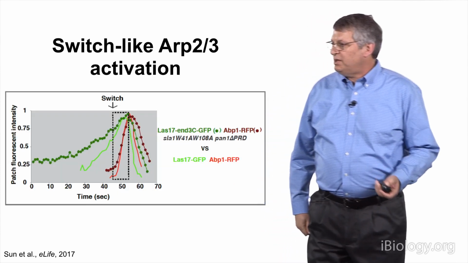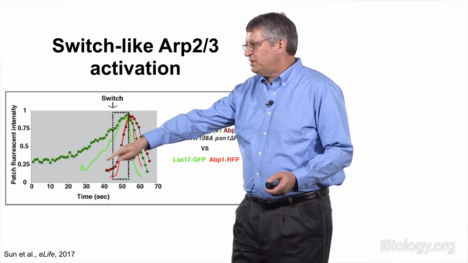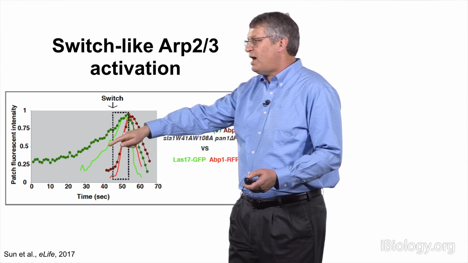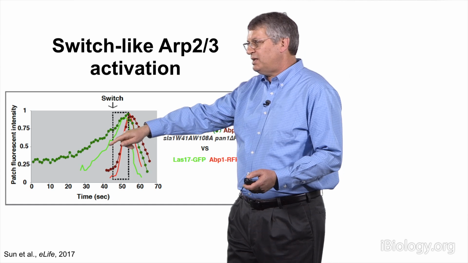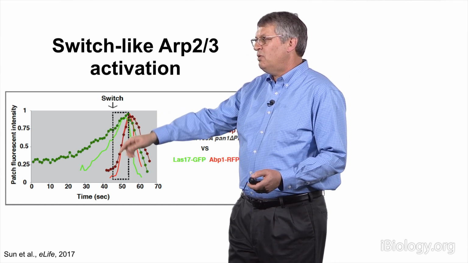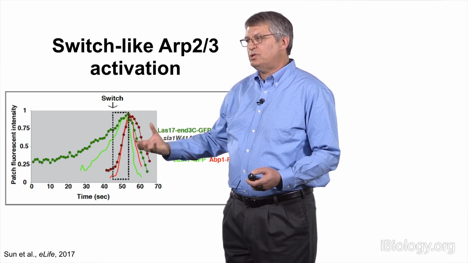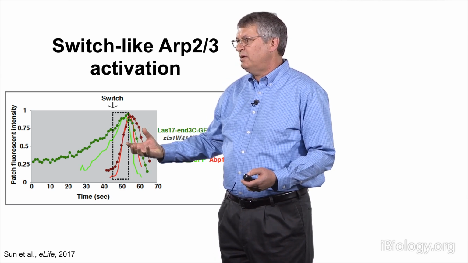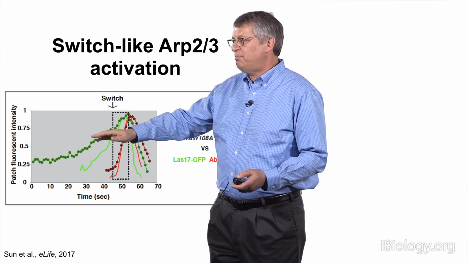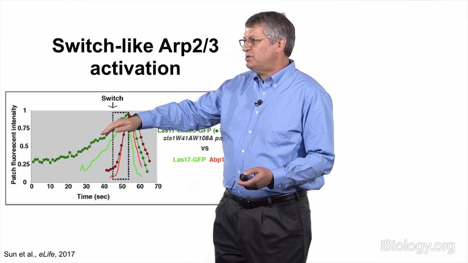Now, what's really interesting here is that in a wild-type cell, the Wasp protein accumulates over time. The fluorescence intensity monitors the accumulation of Wasp. But while Wasp is accumulating, there's no actin assembly. It's not until you get to a certain level that suddenly there's a burst of actin assembly. It seems to occur in an all-or-nothing or switch-like manner. When Edie made the mutation so Wasp no longer gets recruited to the site and then put in an artificial way of recruiting it, again, you needed Wasp to rise to a certain level.